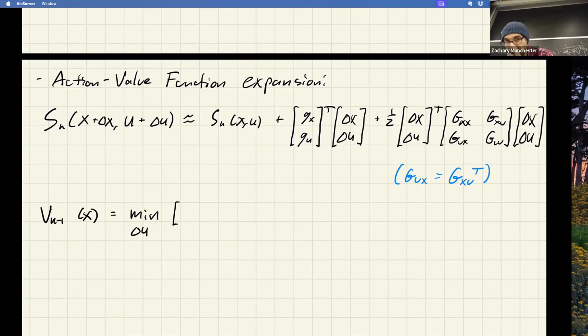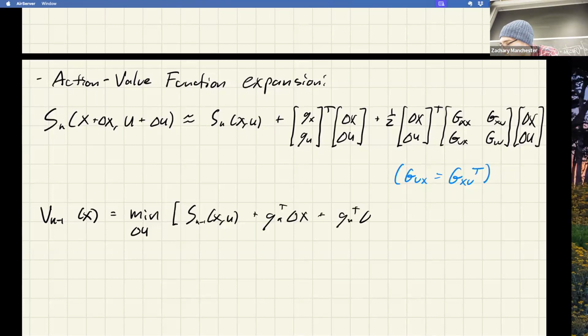So I'm going to write the whole thing out. So we've got s k minus 1 of x u, which is a constant, so that doesn't affect anything. Then I've got the gradient term. So I've got gx transpose delta x, gu transpose delta u. And then I've got all these Hessian terms. So I'm going to write those out individually.